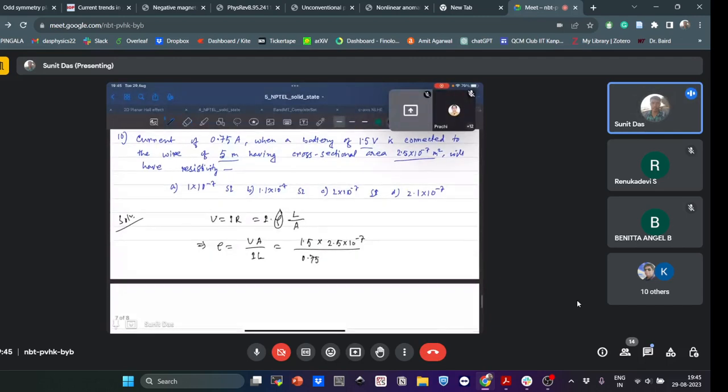0.75 times the length, right? 5 meter. So the answer is coming as 10 to the power minus 7, 1.5 times 2.5, and yeah, that is correct.